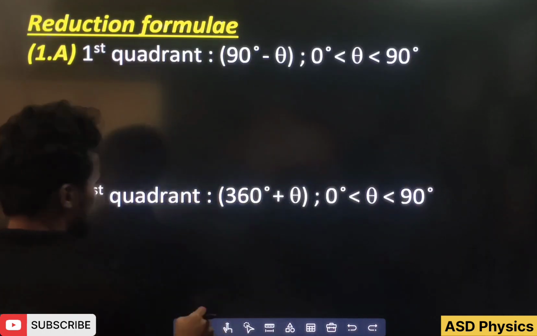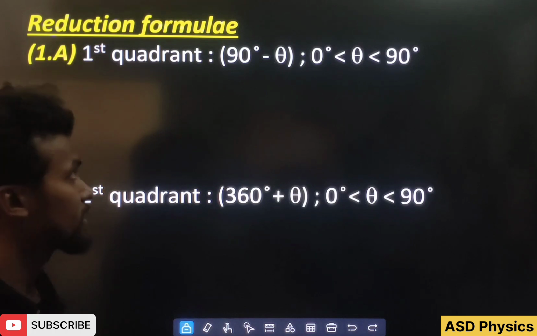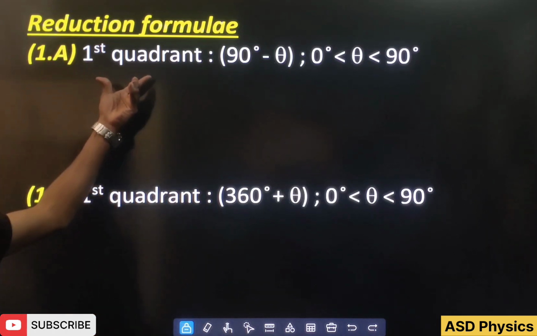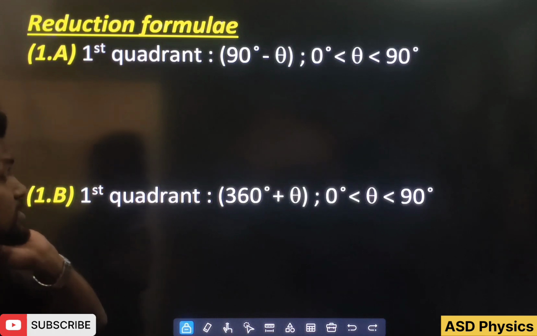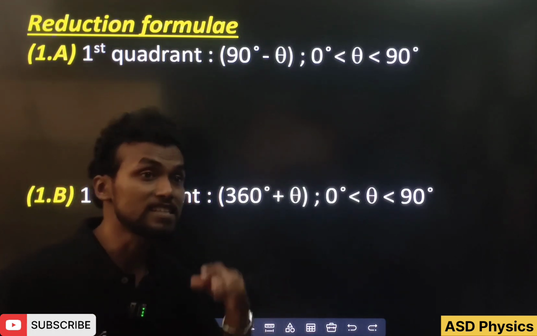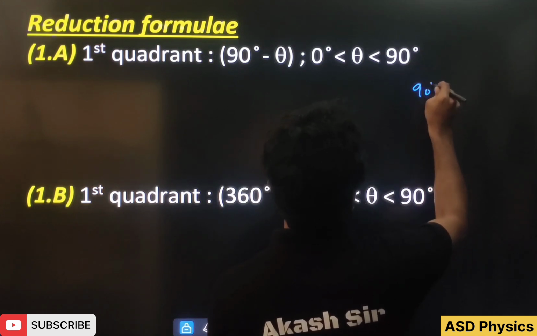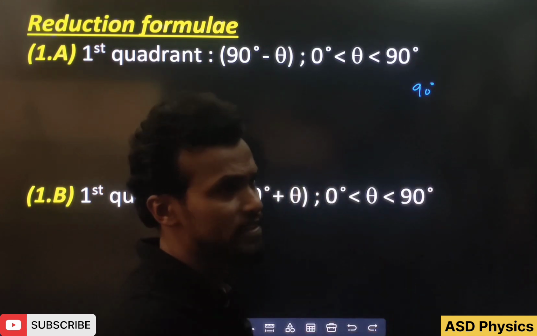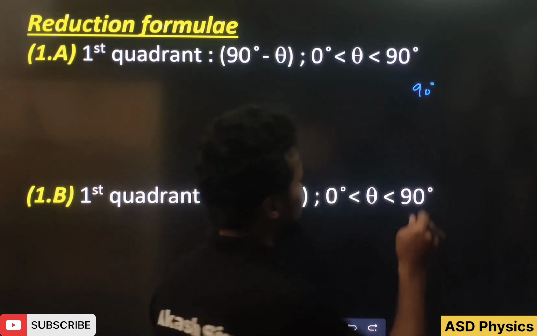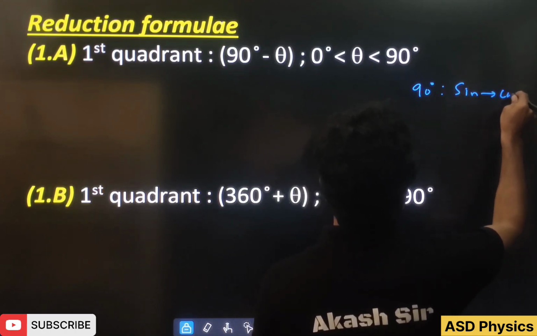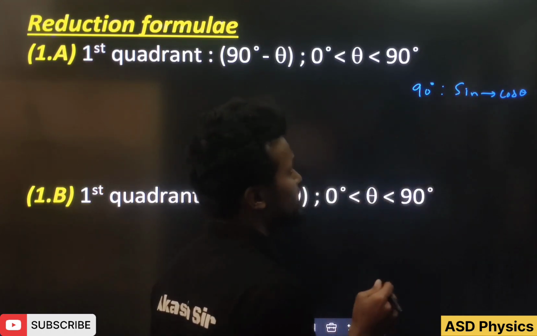Great. Now students, we are going to learn some reduction formulas. First we are talking about the first quadrant. First quadrant we can write as 90 minus theta, or as 360 plus theta. But remember one thing, students: whenever we are going from 90 degree, like 90 plus theta, 90 minus theta, the function will change.